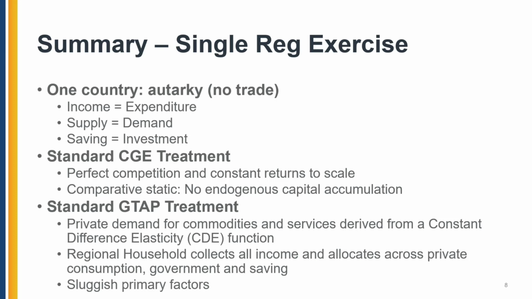And the standard GTAP approach is to use CDE, a specific flexible functional form. And obviously we have specific training that focuses on how GTAP does that. The regional household sets GTAP apart from some other models, treating all of the income collected in one place and doing the allocation to the three types of expenditure.